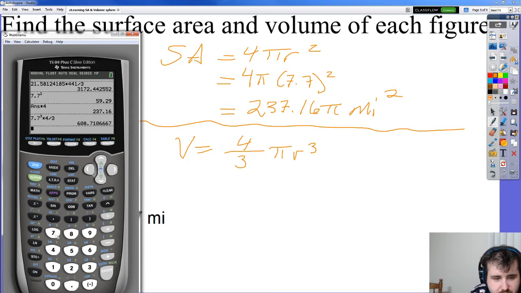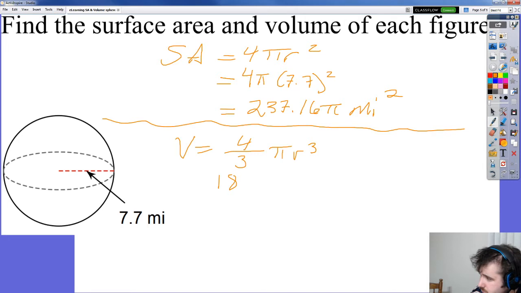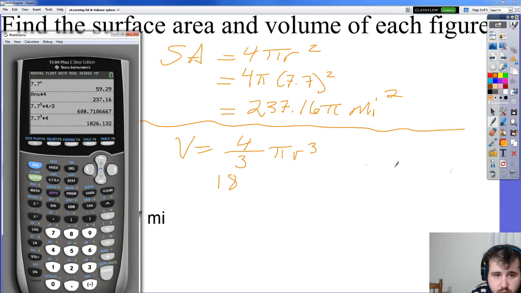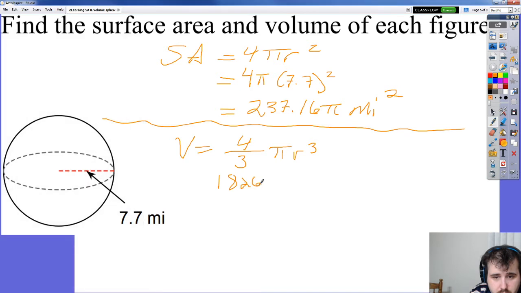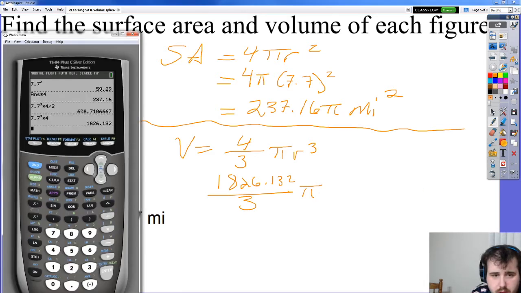So leave it as, we're going to do 7.7 cubed times 4, is 132, right? Yeah. Okay, so you can leave it like this.